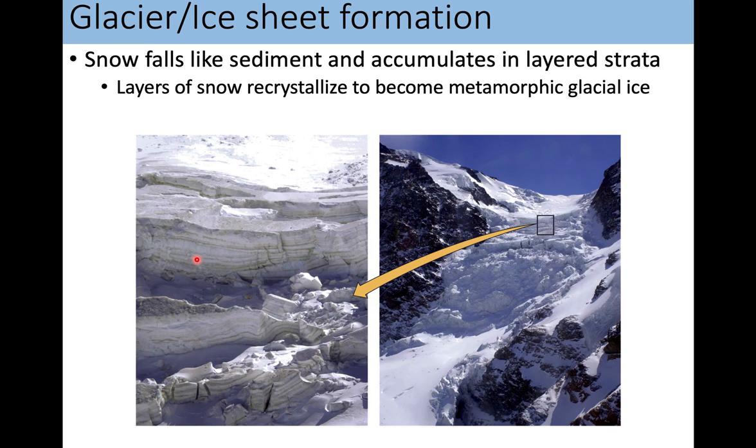We have our layers of snow that get piled up yearly, and as they get buried by further snowfall, there's going to be more and more pressure, which will cause the snow to recrystallize into glacial ice.